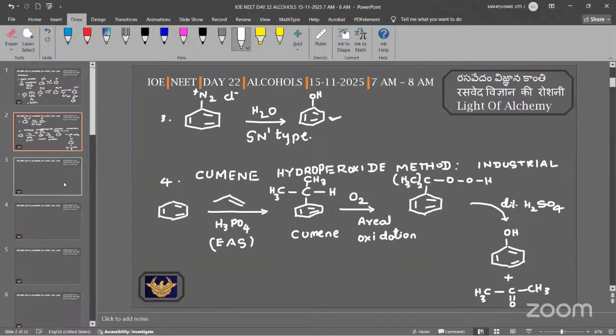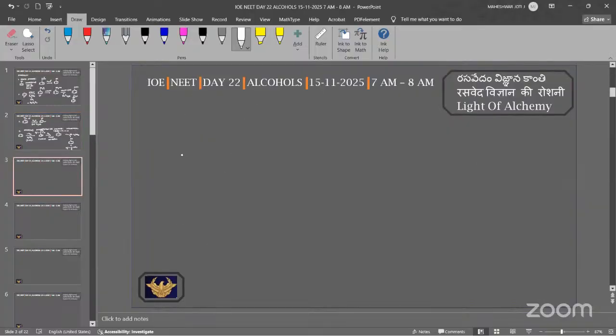Now, see the same reaction may be represented in a single step. See benzene. First, it is treated with which reagent? Propene in presence of H3PO4, followed by heat.